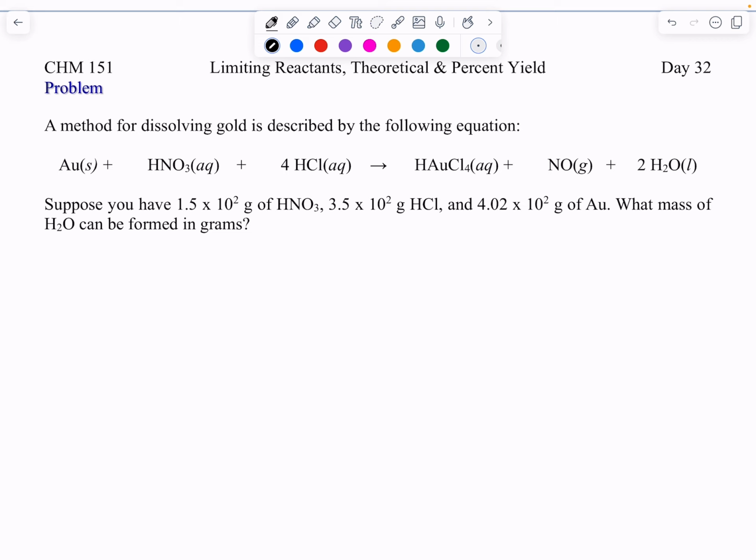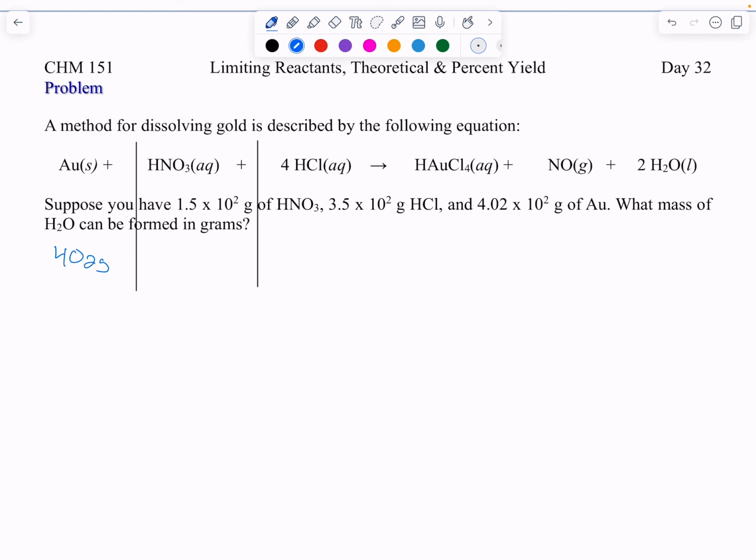Is it balanced? Yes. So a little shortcut for a test, for example. I have 402 grams of gold.